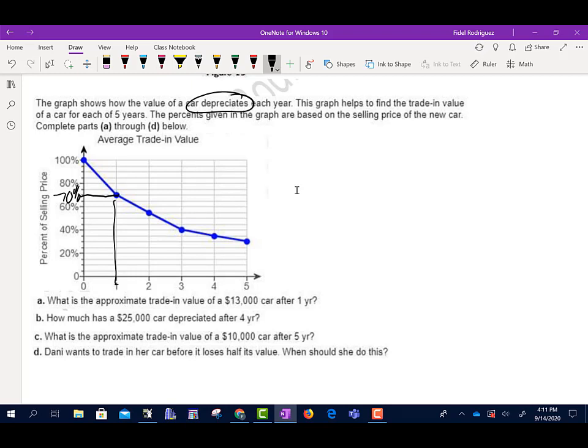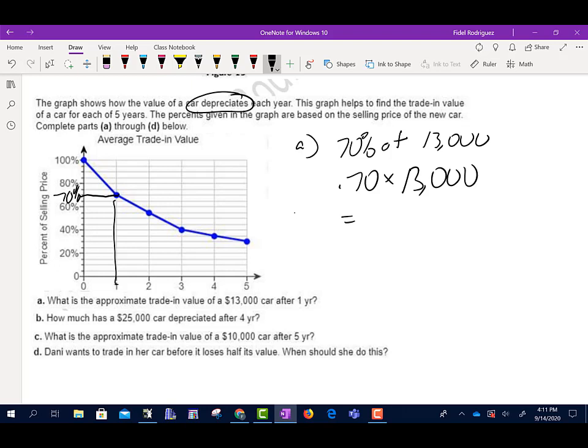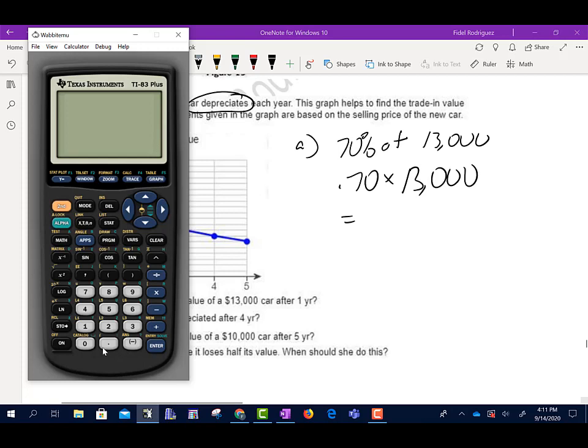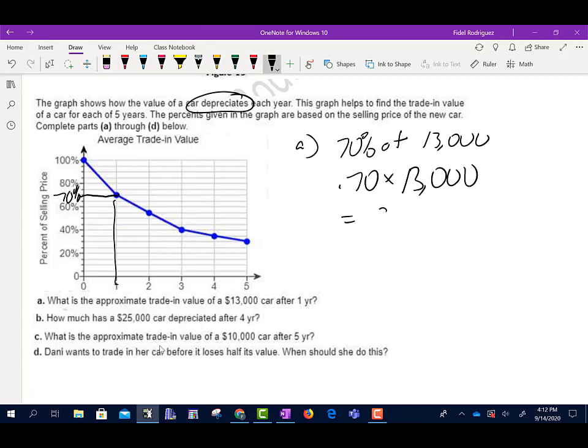So for part A, we're going to find 70% of 13,000. So 70% would be 0.70 times 13,000. I'm going to grab my calculator again, 0.70 times 13,000. And for part A, I'm coming up with $9,100. So that would be the trade-in value of a $13,000 car after a year.